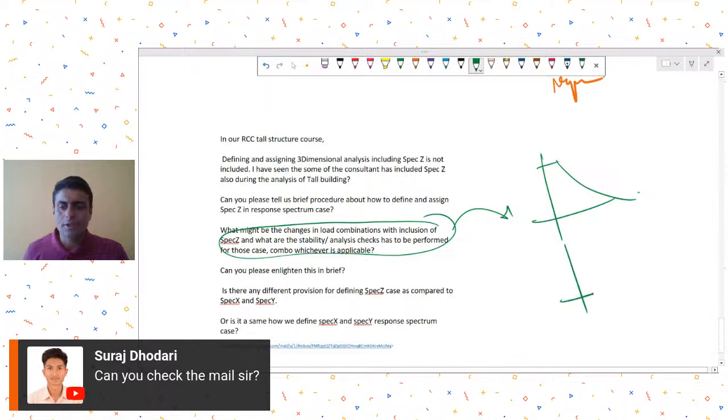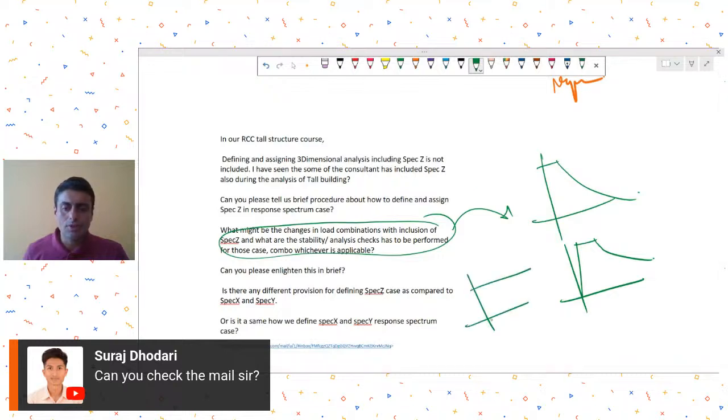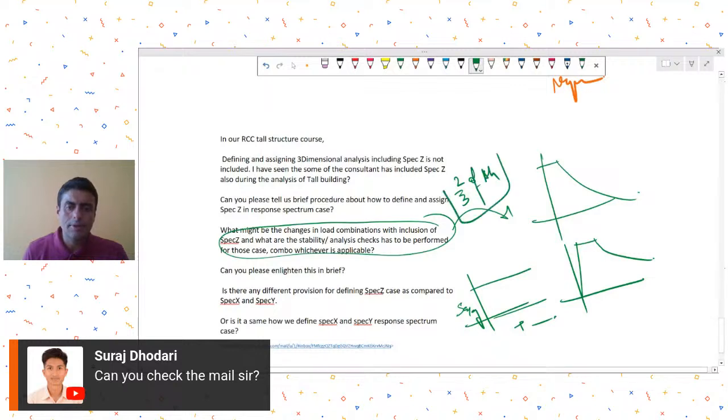The response spectrum graph is like this, with a rising arm also. So this may not be the type of graph that we have when we are defining the vertical earthquakes. Generally, the graph that we consider is a constant Sa by g graph with respect to the time period. Usually, it will be taken as two-thirds of Ah, if I remember it correctly.